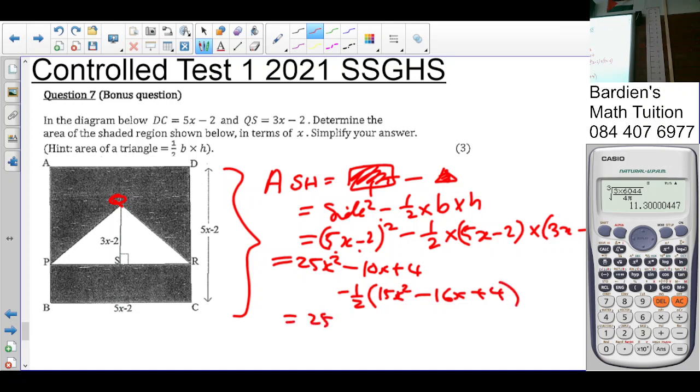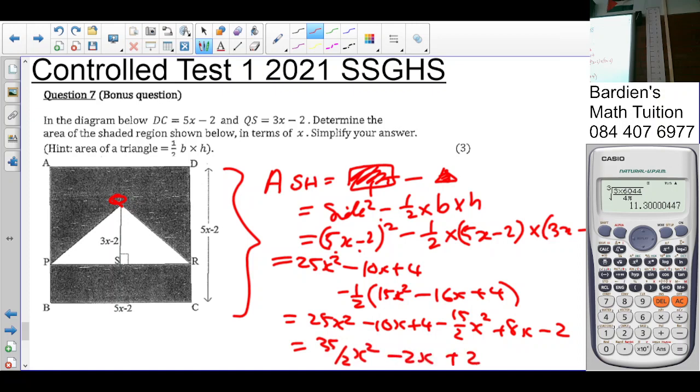So that's going to give you 25x squared minus 10x plus 4 minus 15 over 2x squared plus 8x minus 2. Is that correct? So it's just now a matter of simplifying. So it's 35 over 2x squared minus 10 plus 8 is negative 2x plus 2. Okay.